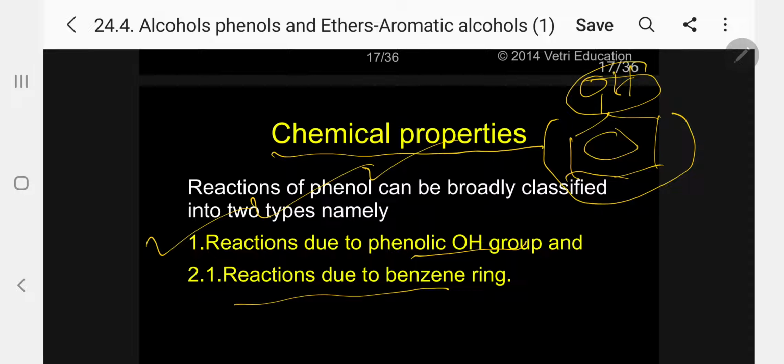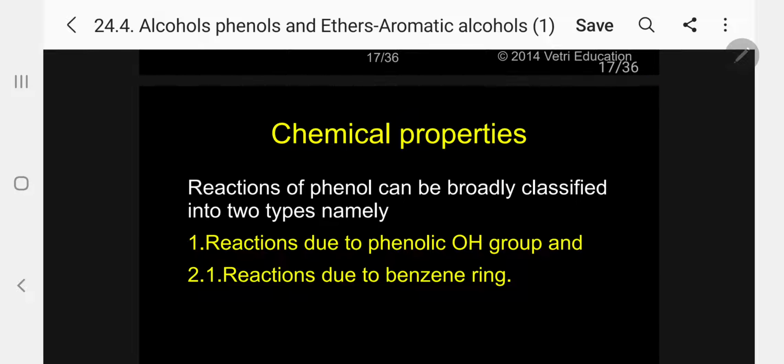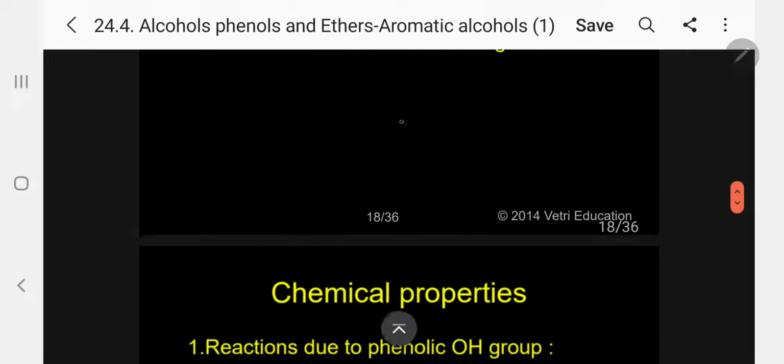All aromatic compounds follow the same method: reactions due to the functional group, and separately the reactions due to the aromatic ring. Kindly follow. OH is an electron releasing group, so it activates the ring.